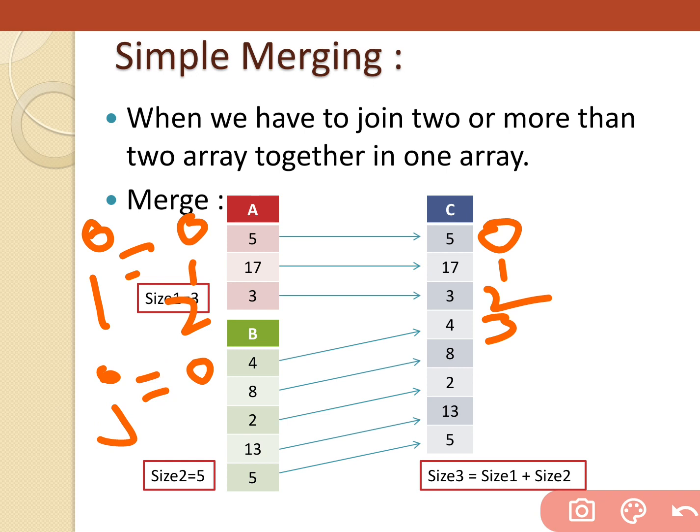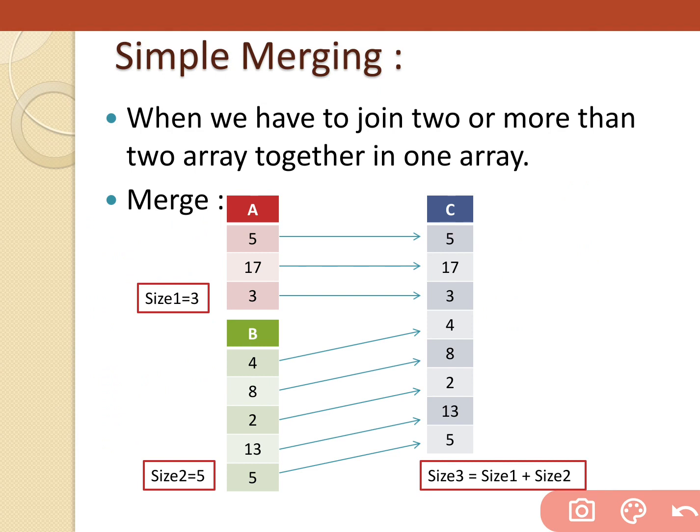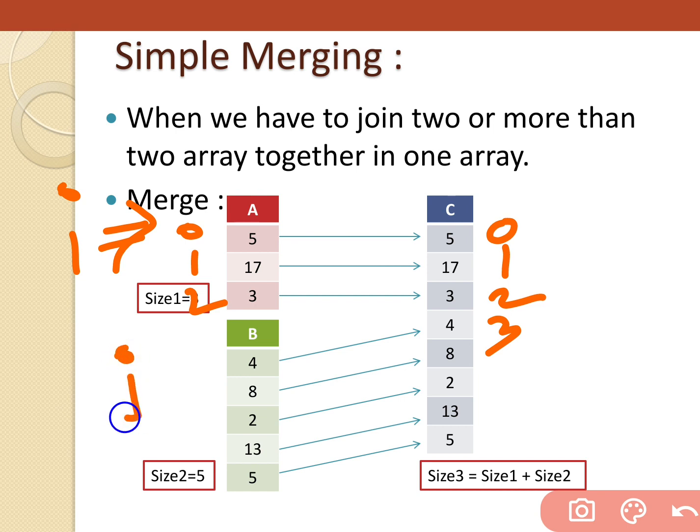The counting of I goes up to 3. That's why I had written I over here also, with the same values of I: 0, 0, 1, 1, 2, 2, and then I becomes 3. For the B array I am using J. The counting of J starts from 0, 1, 2, 3 and 4.